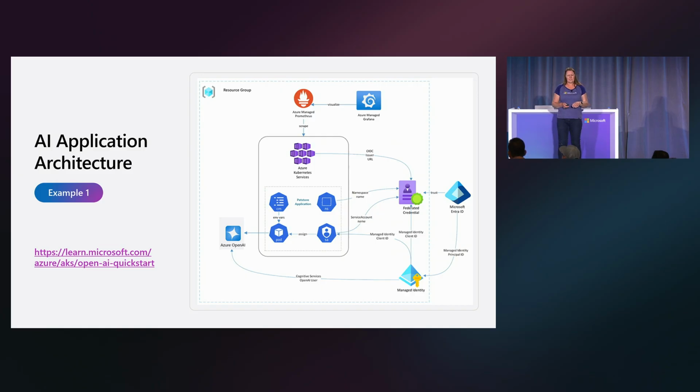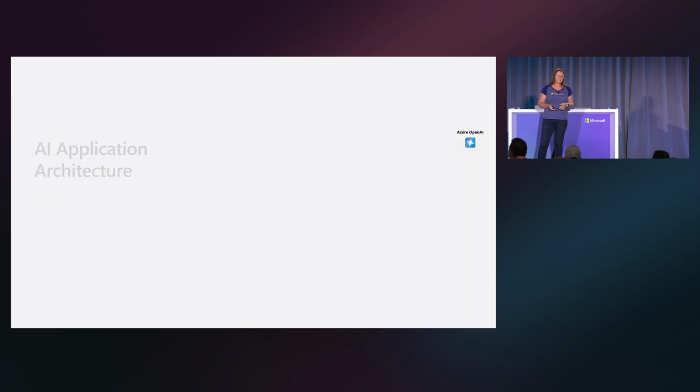We're using identity with Entra ID, and you can see that the AI service, Azure OpenAI in this case, is just one little box in that entire application architecture. So when someone comes and says to you, how much does AI cost? The answer is, it depends. It depends on what else you need to put around this total application. So remember to think about the entire application architecture first.